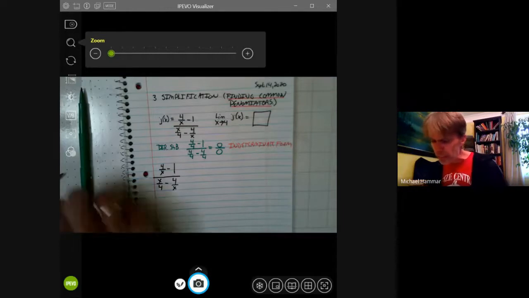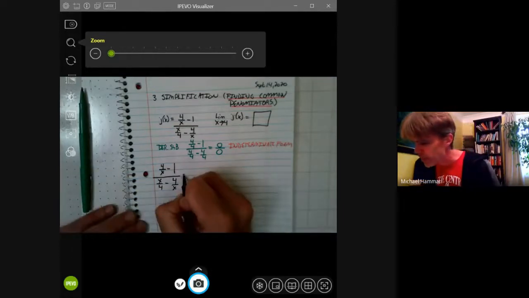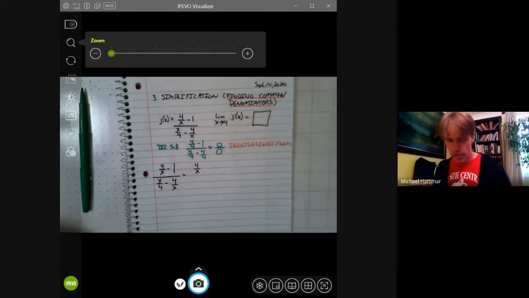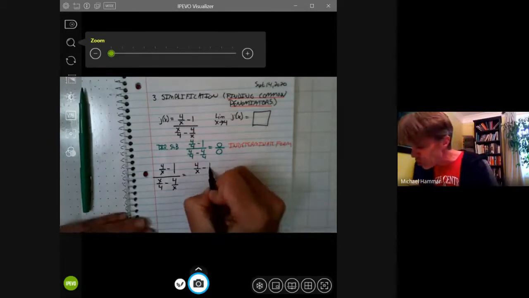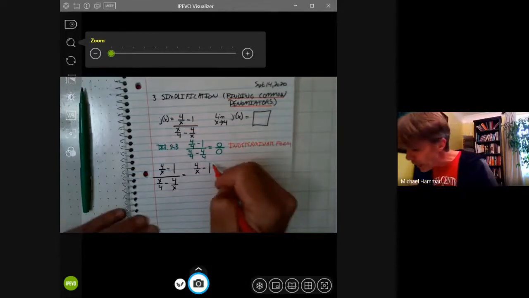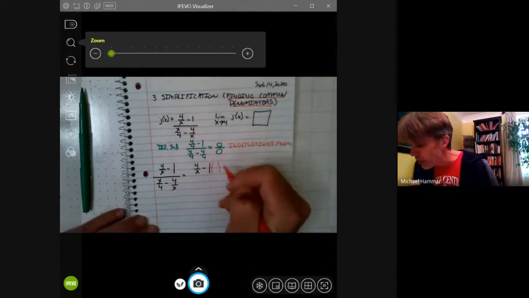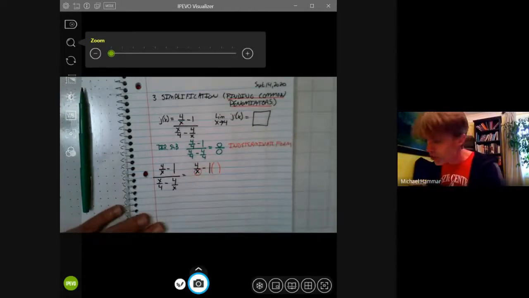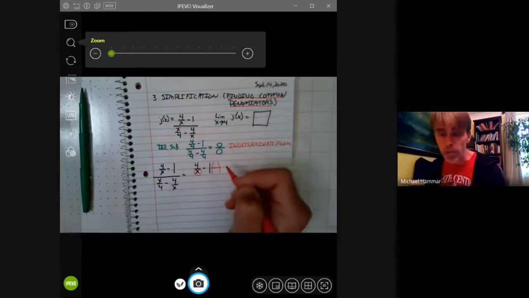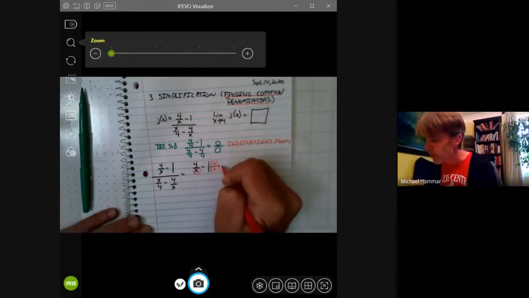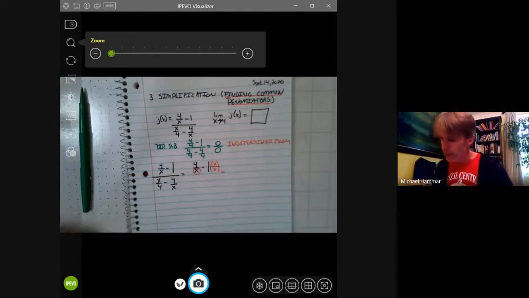Let's talk about some quick ways to figure that out. If I have 4 over x minus 1, to get a common denominator I have to multiply the 1 by whatever the denominator is here. Remember, like in the previous problem, you can only multiply by a factor of 1, so I multiply by x over x.